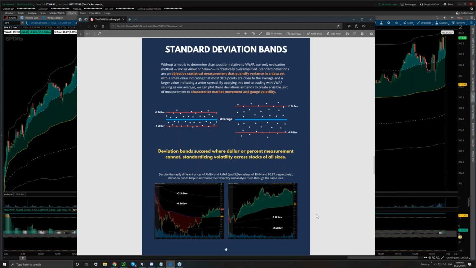So regardless of how big the stock is, or how small the stock is, or how volatile or not the stock is, standard deviation bands allow you to quickly gauge the context of the market. They give you statistical context for what is normal. Maybe I shouldn't say normal, it's a loaded statistical word. What is typical to expect from a chart. So standard deviation bands help us by better understanding how much volatility we can expect, as well as they give us tactical, technical entries and exits.